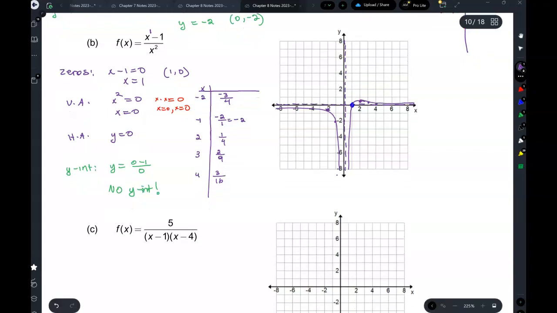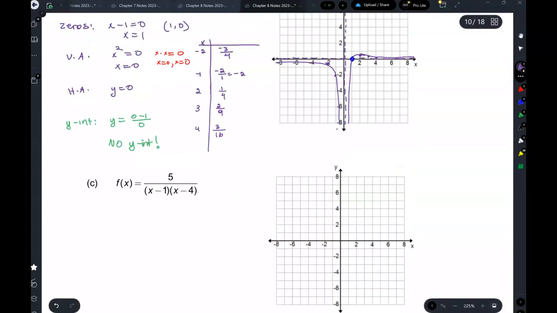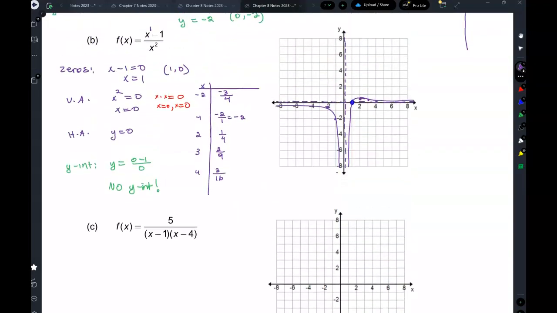Now take a look at this one. It looks a little different. For that one, what would the domain be? The domain would be all real numbers, but x can't equal 0.